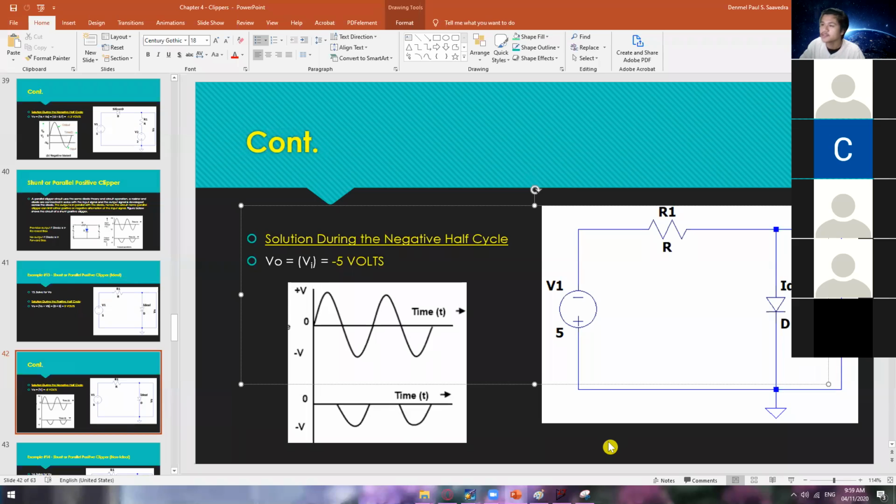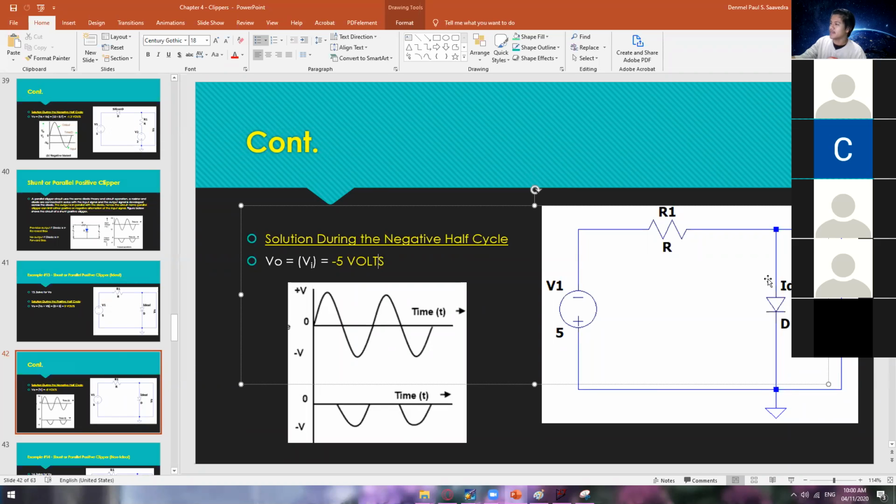All right. So as you can see right here, the parallel circuit is much simpler when it comes to computing the V sub O, because this part, the parallel side, will be completely neglected if this one is in reverse bias.